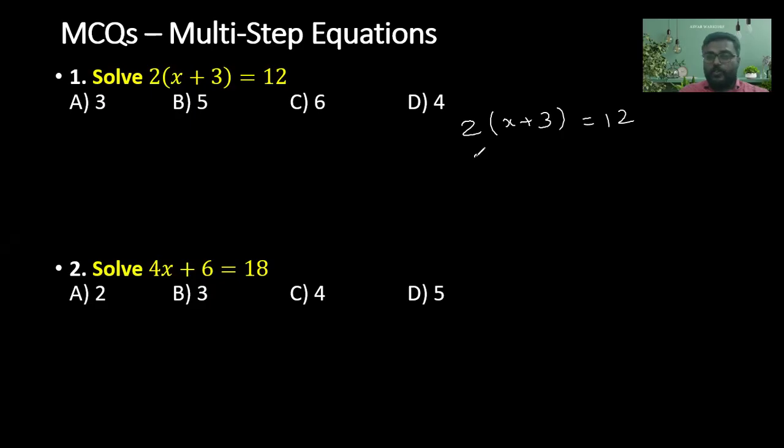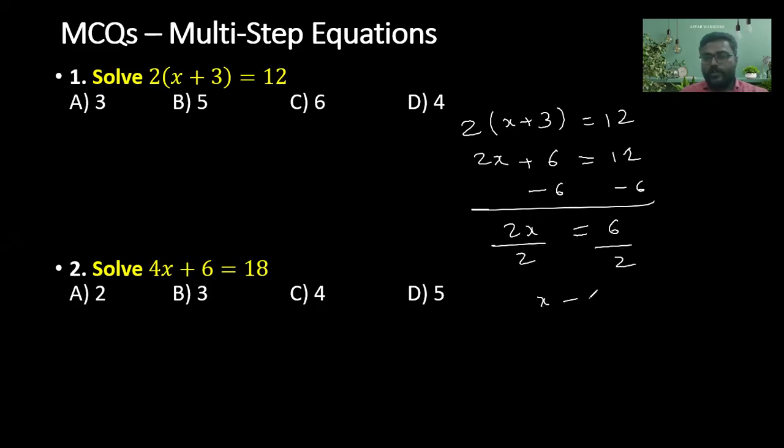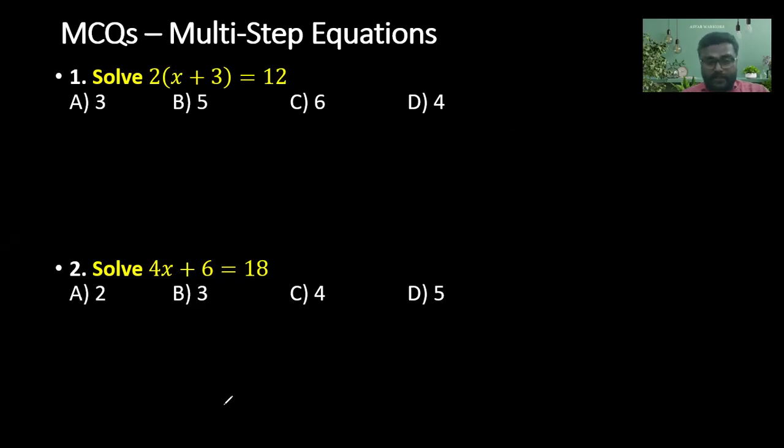So let's distribute it first. This becomes 2x plus 6 is equal to 12. Subtract 6 from both the sides. What do we have? 2x equals 6. Divide both the sides by 2. X is equal to 3. That is how you solve it. Now, let me know if you guys have understood it, or do you want me to solve it again for you?